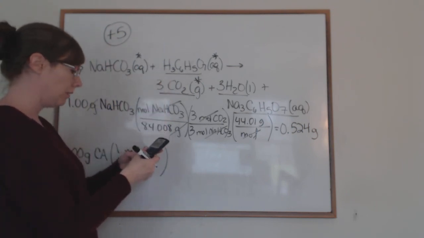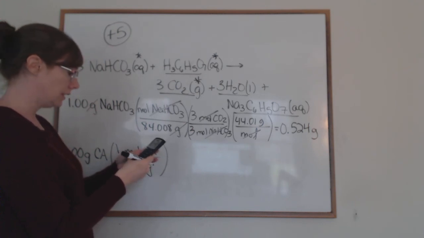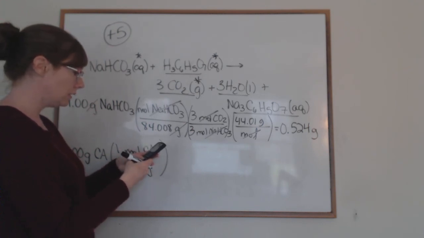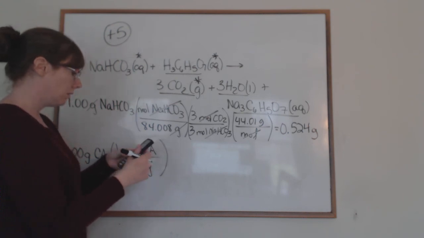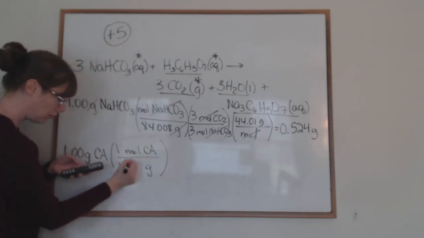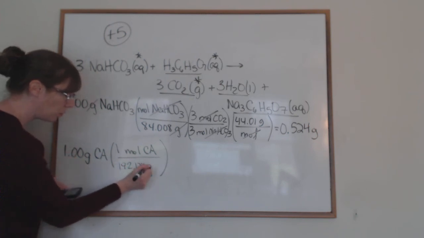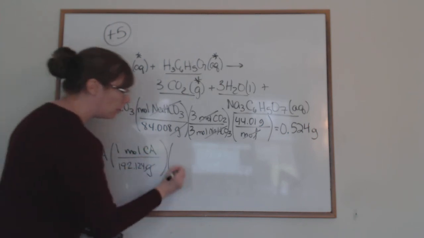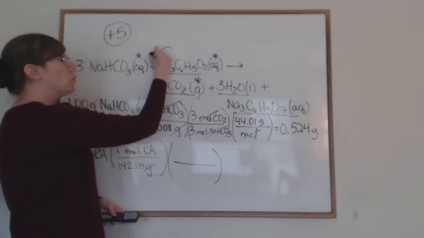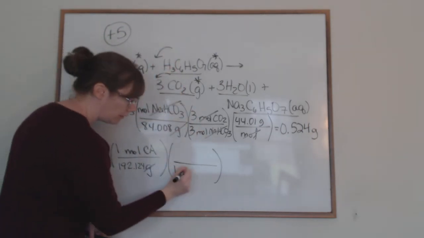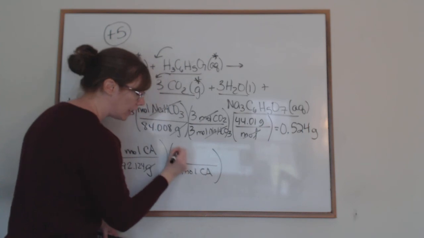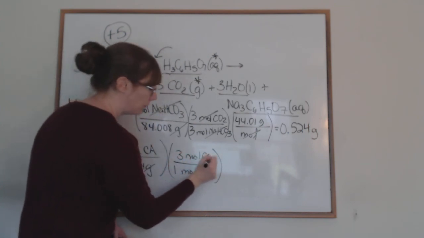So let's see here: 3 hydrogens, 6 carbons, 5 more hydrogens, I'll just do those 2 separate, and 7 oxygens, 192.124 grams per mole. And now the mole ratio: for every 1 mole of citric acid, I get 3 moles of CO2.